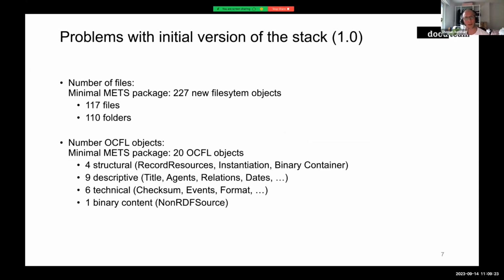Okay, now I'm coming to the problems with our initial version of the stack, which aren't that much related to what we saw in the stack, but more to how we structure the data and how we do the calls to Fedora to create that data.